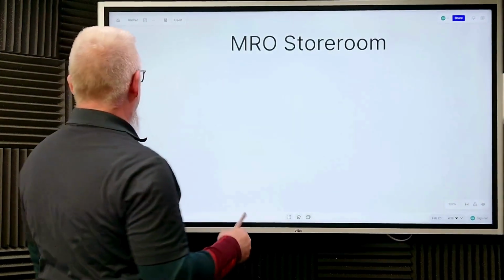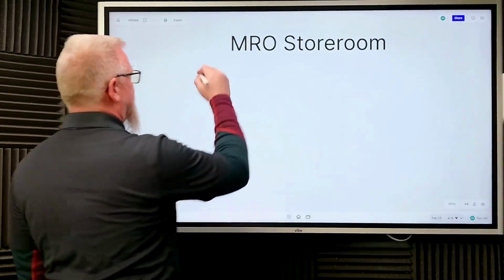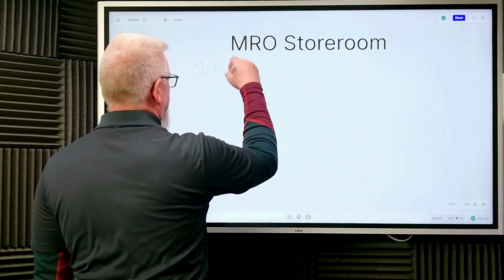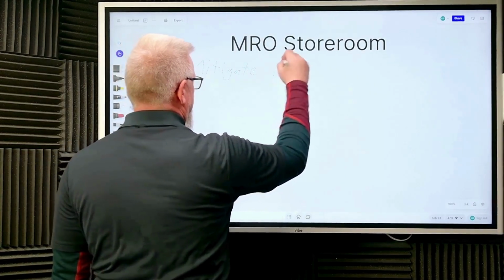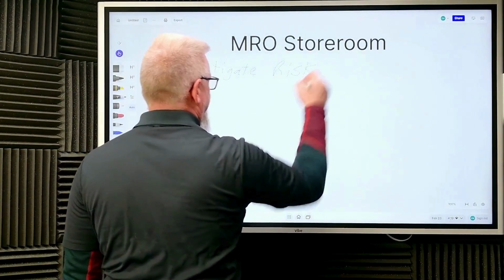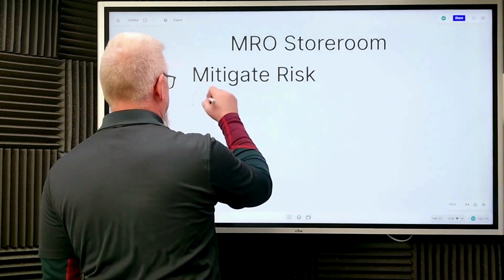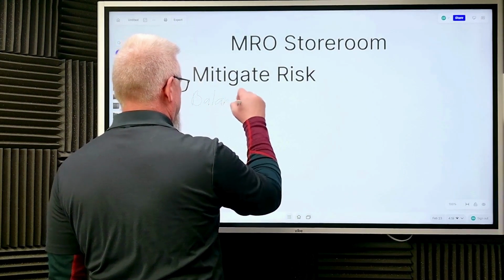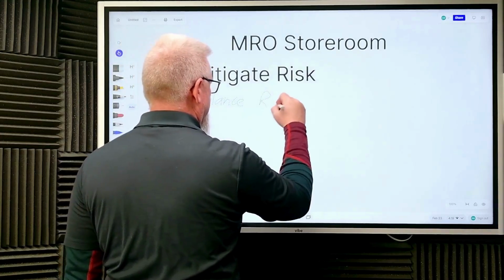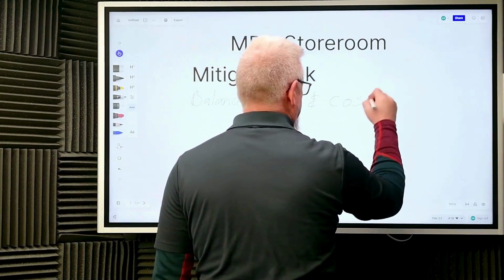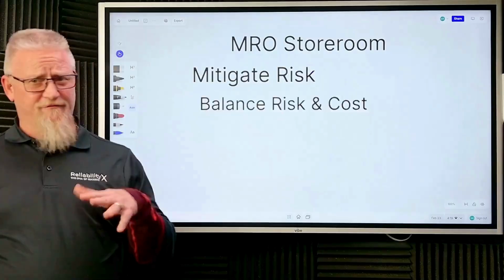So the MRO storeroom, what are they designed to do? Mitigate risk. Balance risk and cost.